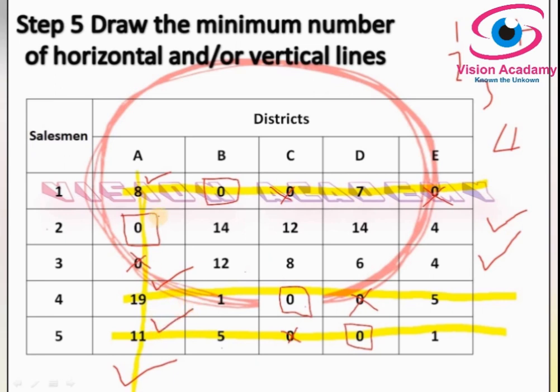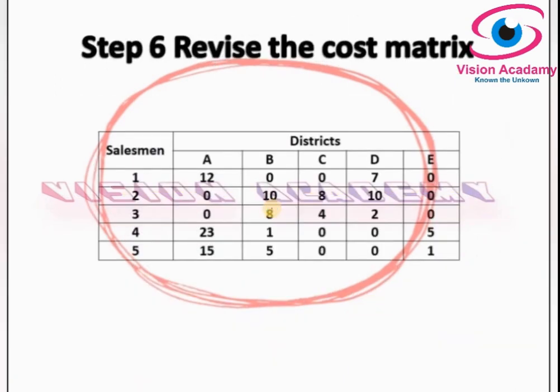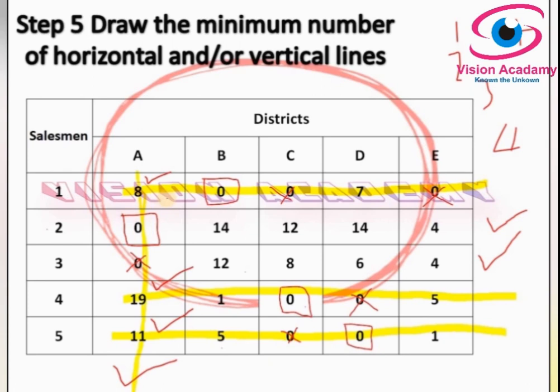In the intersection you should add, in the uncovered area you should subtract, and in the lines covered area it must remain the same. So this is what step number 6 says. Okay, now let's move to this.